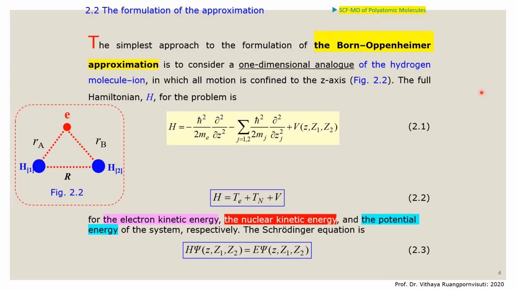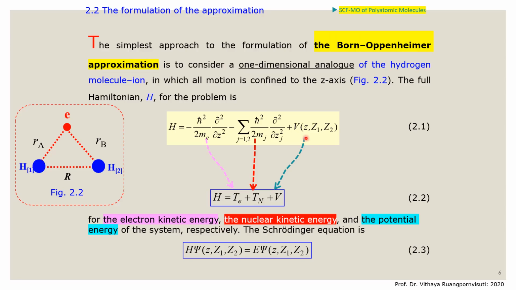The full Hamiltonian operator H can be written as shown in equation 2.1. The first term we can denote by the symbol Te, which is the kinetic energy of the electron. The second term is the kinetic energy of the nuclei, and the third is the potential energy.